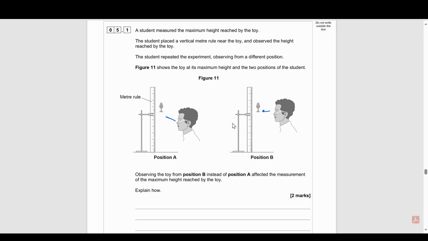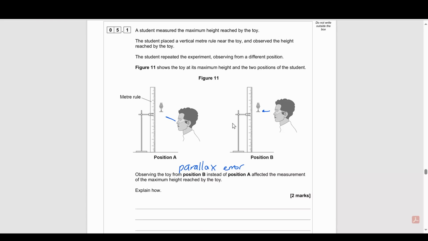Well, what the difference in their position is known as, it's known as a parallax error. And this is due to the eyes being below the object and not in line with it, as we were just describing. So what that will mean now is that the measurement will be different, and most likely it'd be higher in A. But for them in B, it should be closer to what it should be.